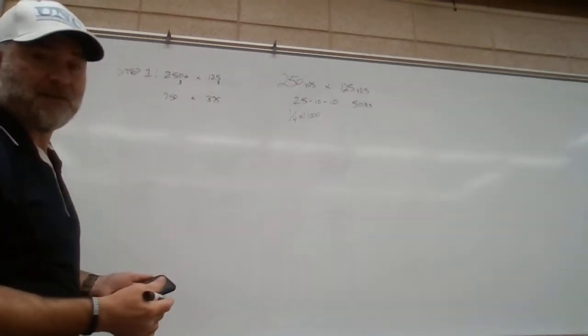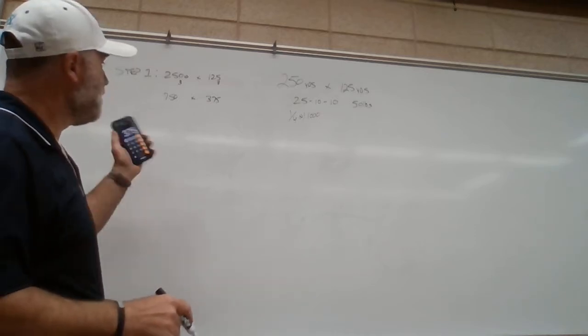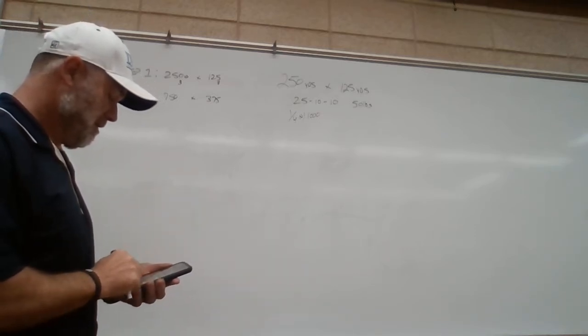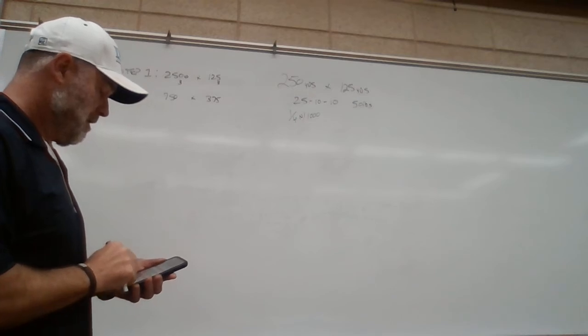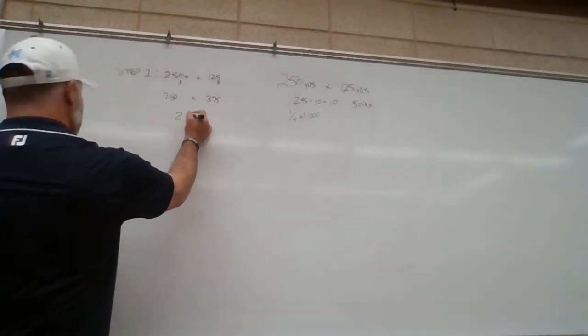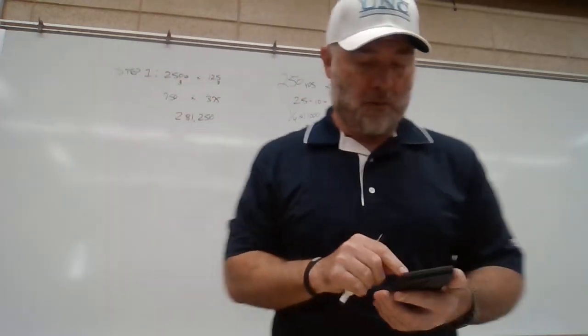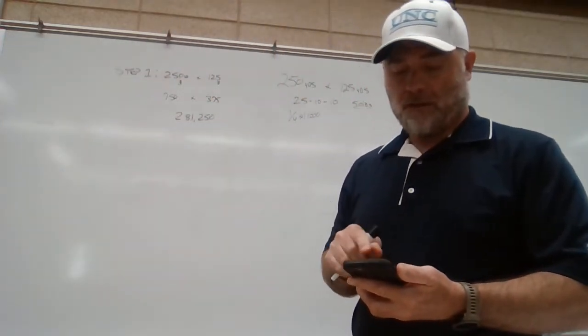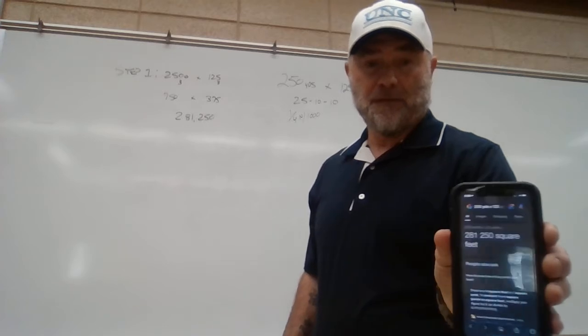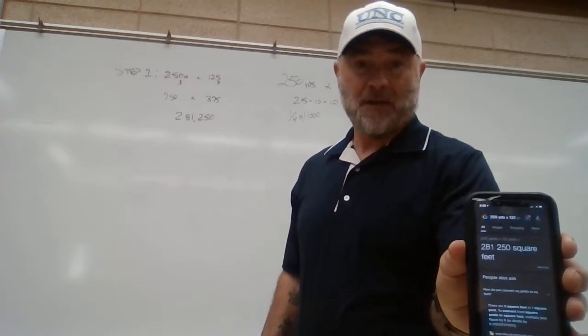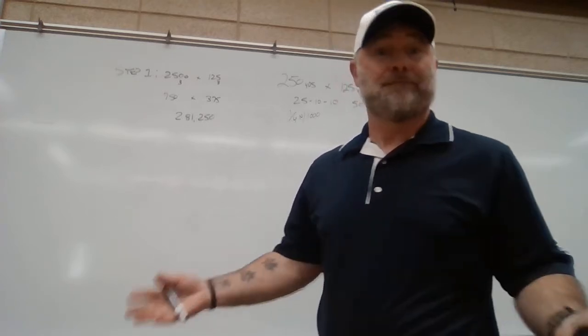Now we have that in feet. Now to get it to square feet, we multiply those together. So it's 281,250. And lo and behold, it did give the answer. So if you can see that, I typed it in on Google and it gave the answer.